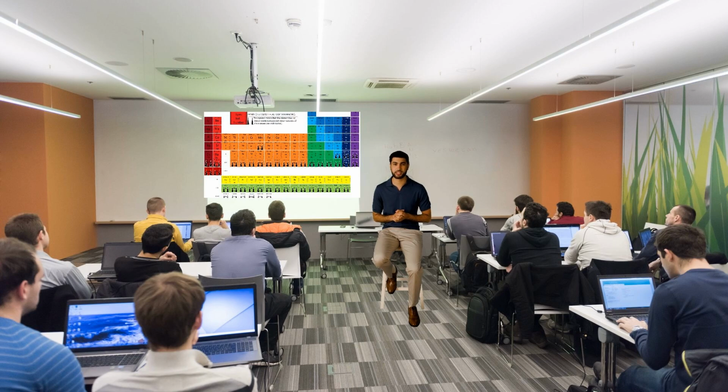In the early 1800s, scientists began to notice patterns among the elements that were known at the time. Dmitry Mendeleev, a Russian chemist, is often credited with creating the first widely recognized periodic table in 1869. He arranged the known elements by increasing atomic mass and noticed that elements with similar properties appeared at regular intervals.